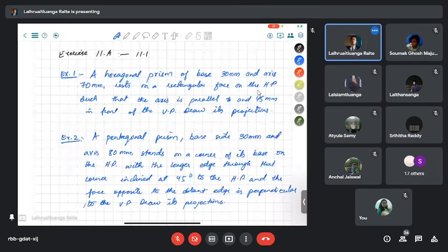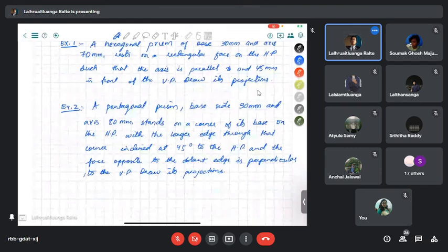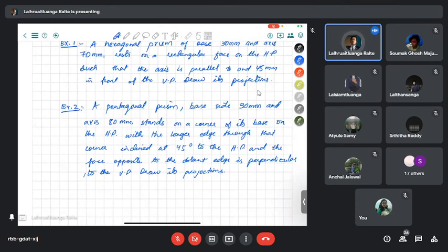All right. So in our second condition, we are going to have a pentagonal prism, and the base side of so and so dimension stands on a corner of its base. Now, as it is a pentagonal prism, we have 5 corners in one of the bases. So now it is standing on one corner. When we draft, we must put that particular corner on the right side, for example, something like this.